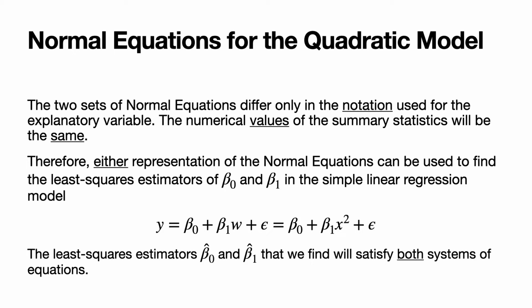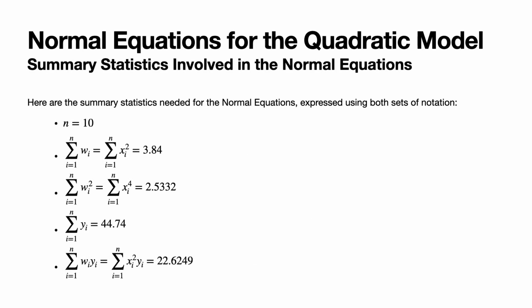The least squares estimators beta 0 hat and beta 1 hat that we find will satisfy both sets of normal equations. So here are the summary statistics needed for the normal equations, expressed using both sets of notation, that is, expressed both in terms of w and also in terms of x.